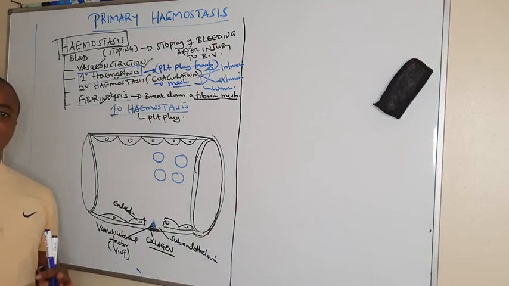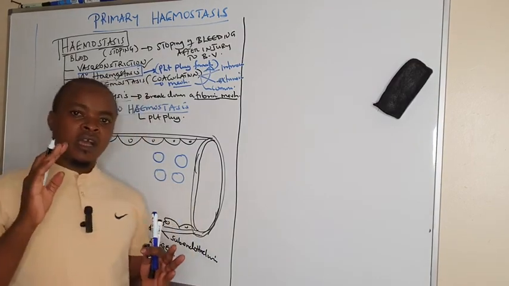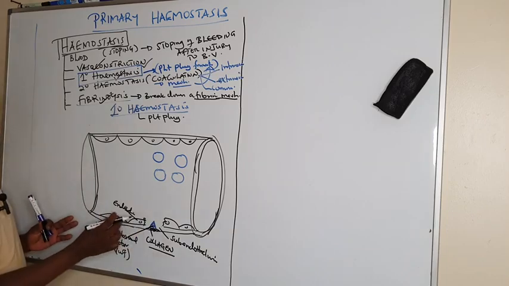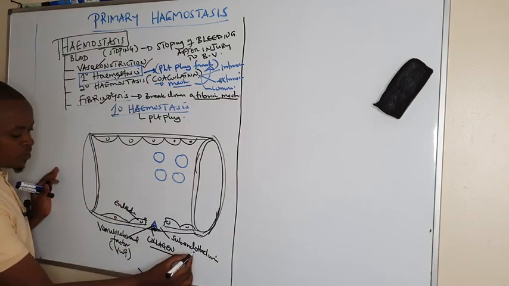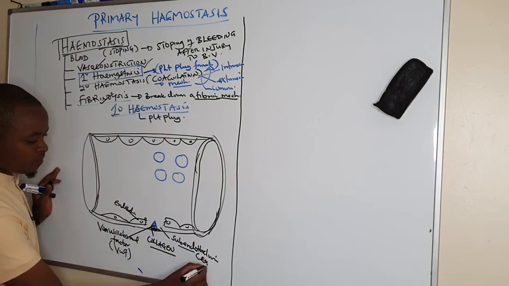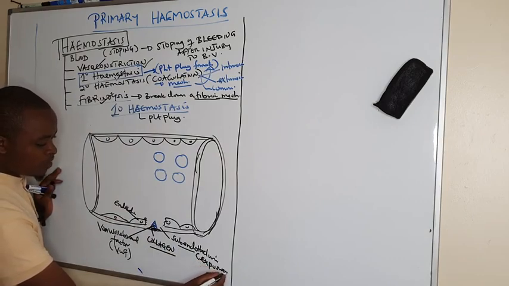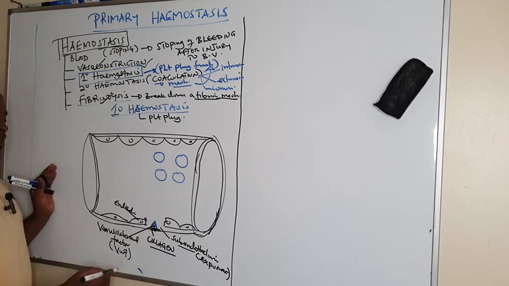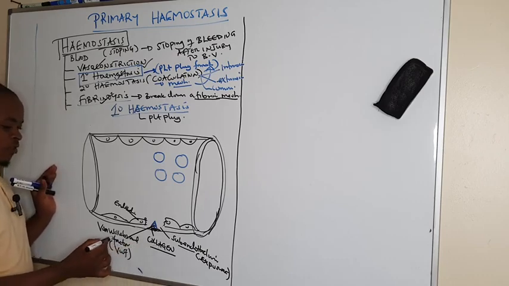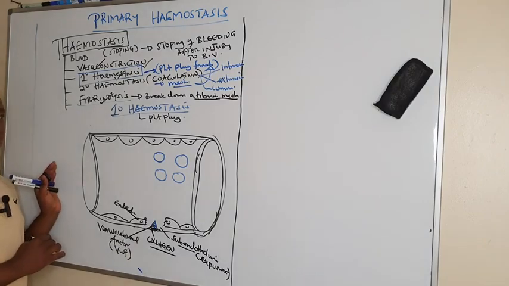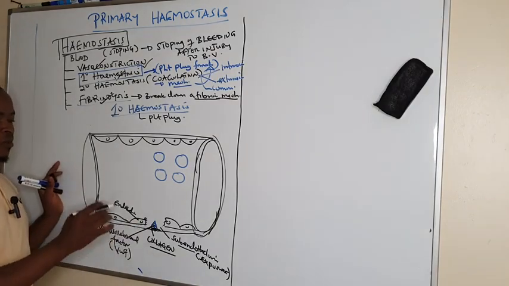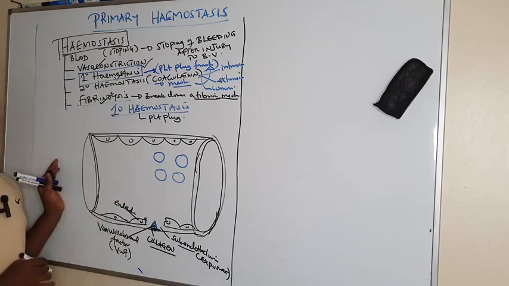So when an injury occurs on the blood vessel, there is damage of the endothelium leading to the exposure of the subendothelium. And when the subendothelium is exposed, there is collagen and von Willebrand factor which are present. And these are the ones that are responsible for platelet adhesion.